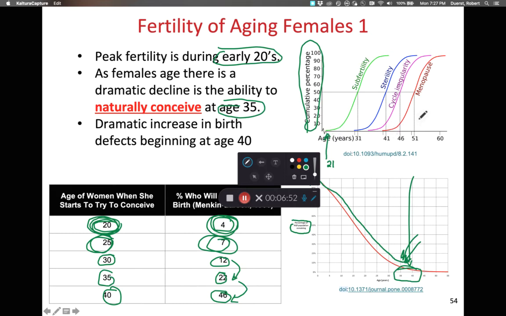So as we're looking at this figure, we have most of our fertility for females in their 20s, with a small percentage of females starting in about the mid-20s being subfertile. At the age of 31, approximately 50% of females are at subfertility. By the age of 41, approximately 50% of females are sterile.